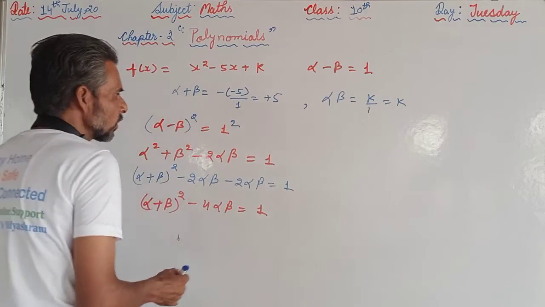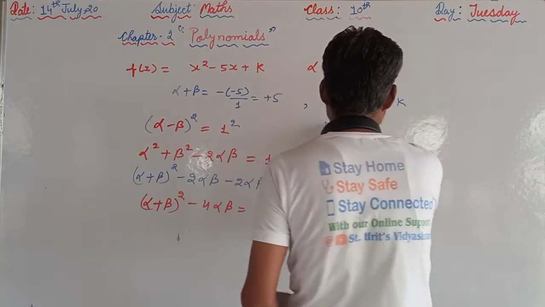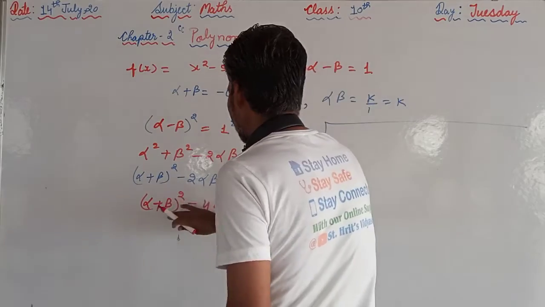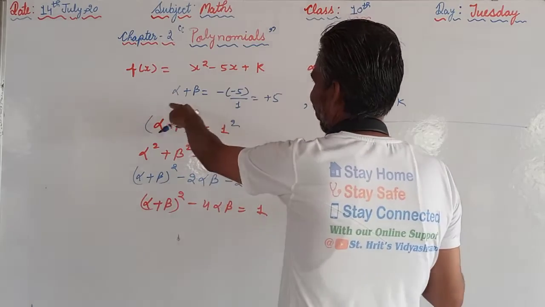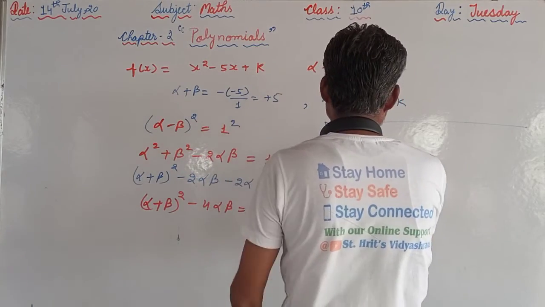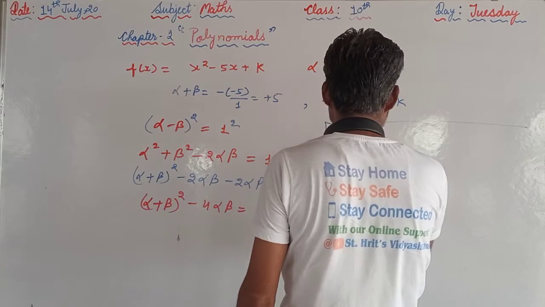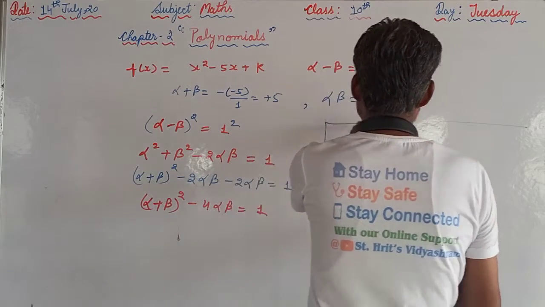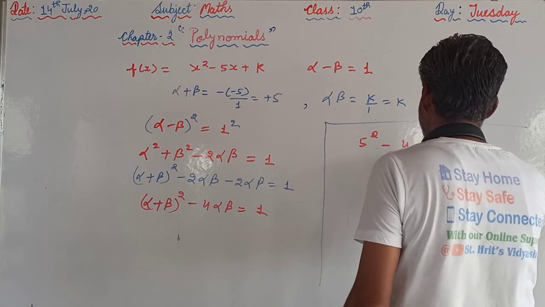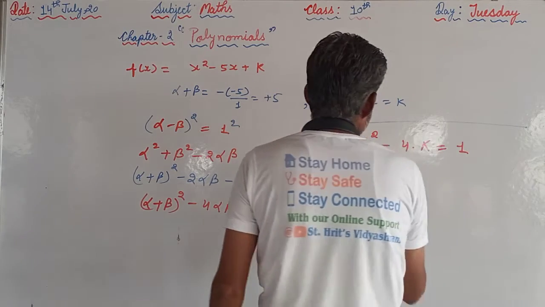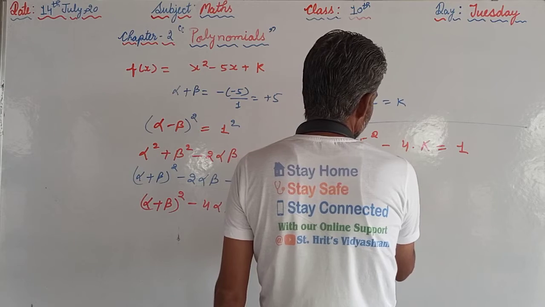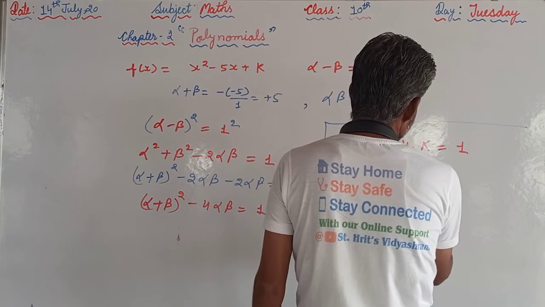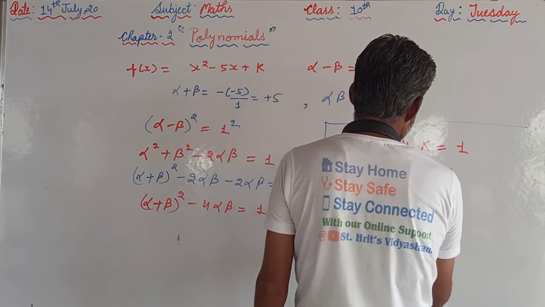Now we can substitute the values. Alpha plus beta means 5 square minus 4 into alpha beta, that is k, is equals to 1. 5 square means 25 minus 4k is equals to 1.